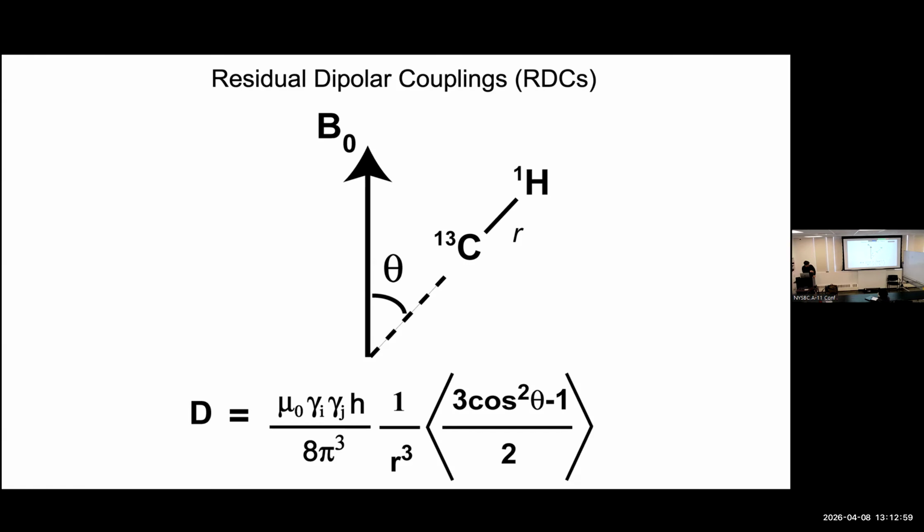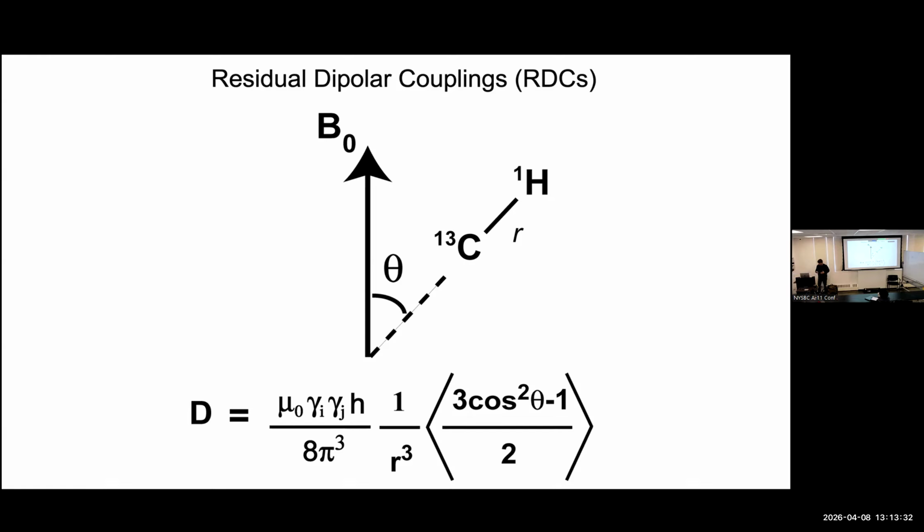Then we have this critical angular term, which is the spherical harmonic Y20, which you may have encountered already. It's 3 cos squared theta minus 1, over 2, where theta is the angle between the bond vector and the applied magnetic field. This angular bracket denotes a time average over the function, because in solution state NMR, the molecule is constantly undergoing overall tumbling, and as a consequence, the angle is constantly changing.